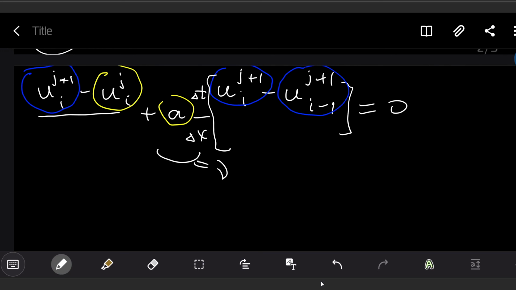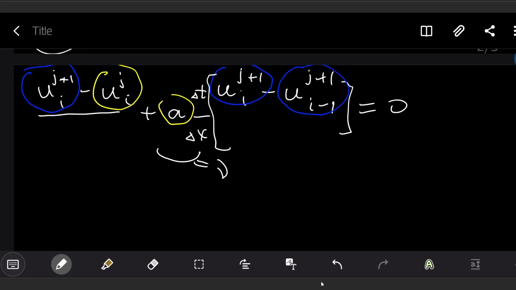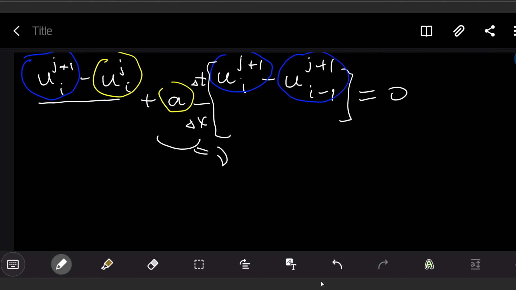So you see, from both explicit and implicit schemes, the Courant number also exists. Now I will just rearrange the parameters to be more favorable to solve this equation, so you will see how we can obtain the solution.